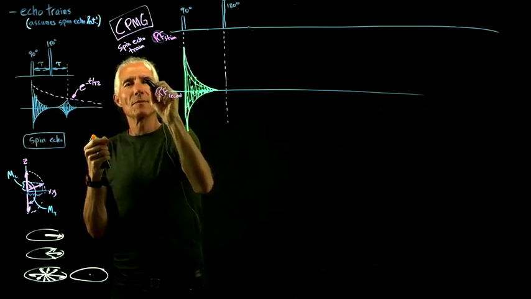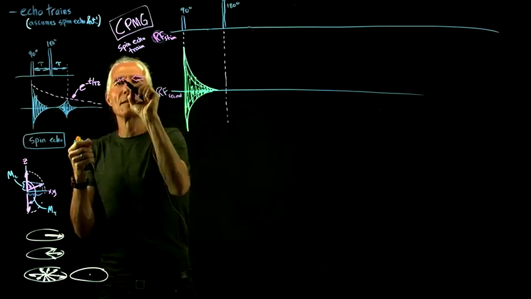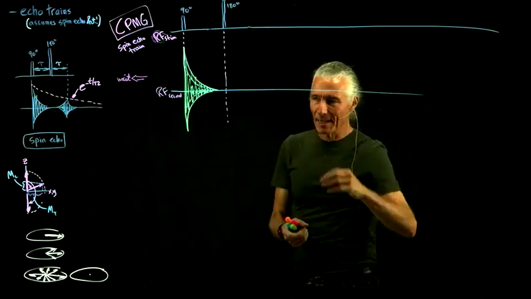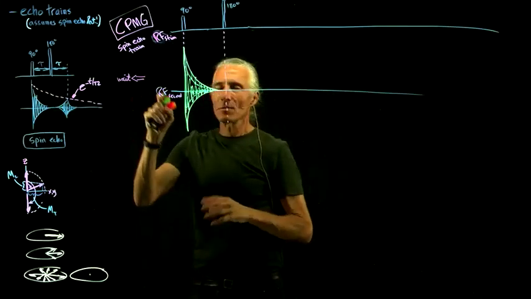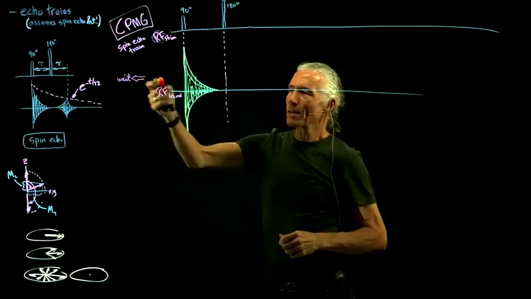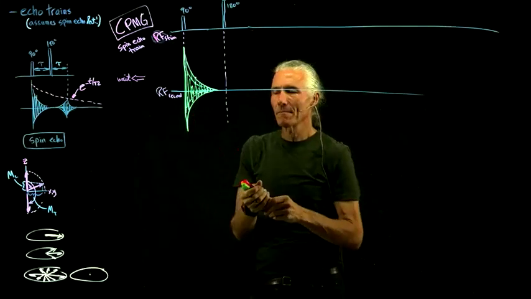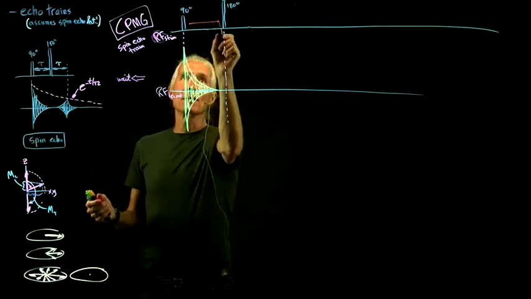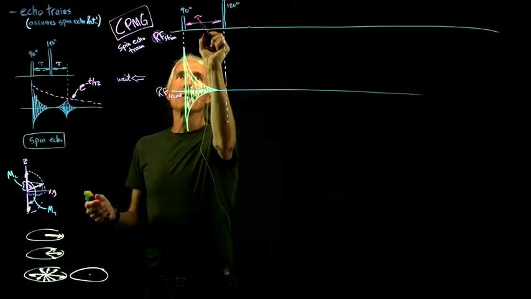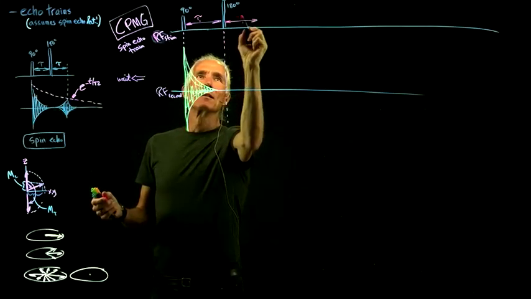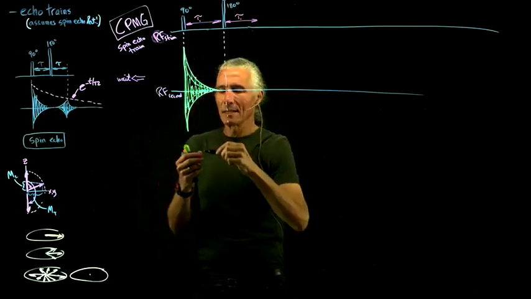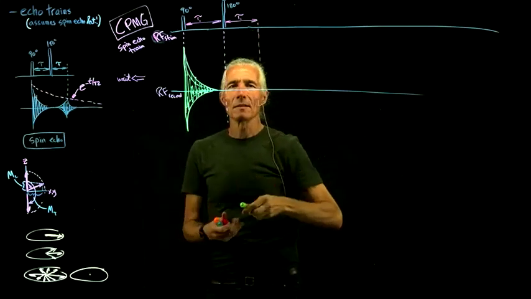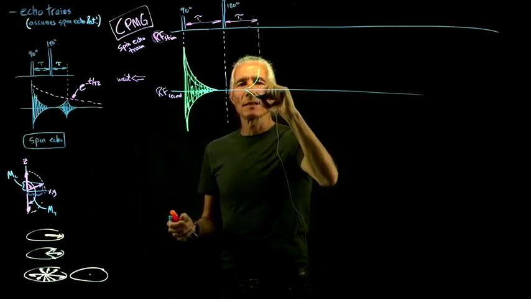Before here, we wait a long time so that everything got fully magnetized again, so there was no non-equilibrium situation. Then do a 90, and there'll be a spin echo. Here's the tau 1: we wait for tau 1 distance away, and at that point there'll be a strong spin echo like that.